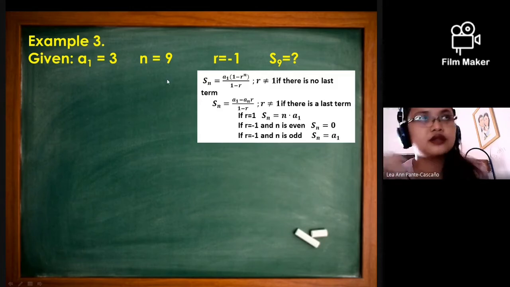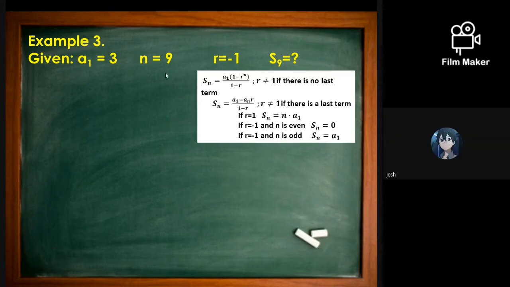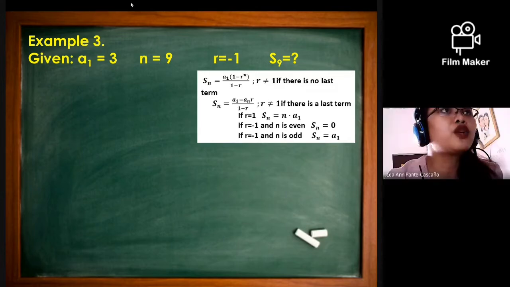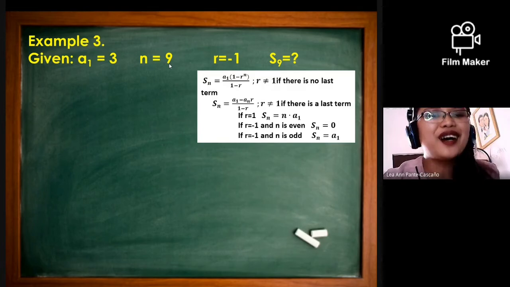Josh? N equal to 9. Is it even or odd? Even po, ma'am. Ano ba yung mga even numbers? 1, 3, 9 po, ma'am. Okay.